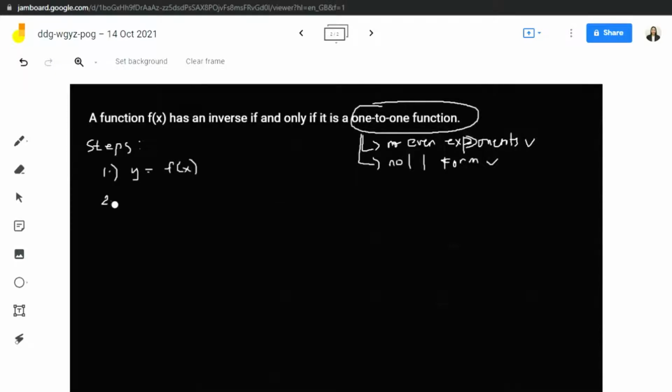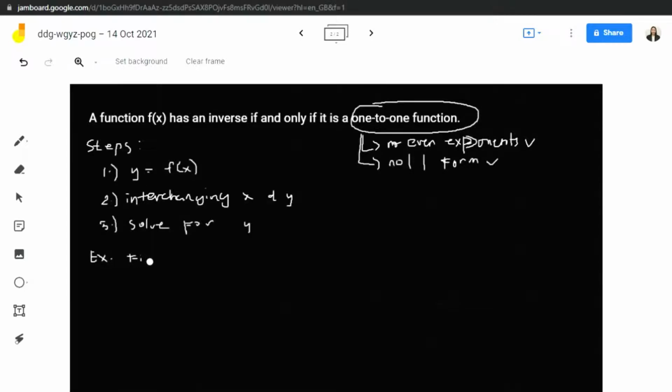After rewriting the equation, you will be interchanging the x and y variables. And at the last step, the third step, we will be solving for the value of y in terms of x. So let's have an example.